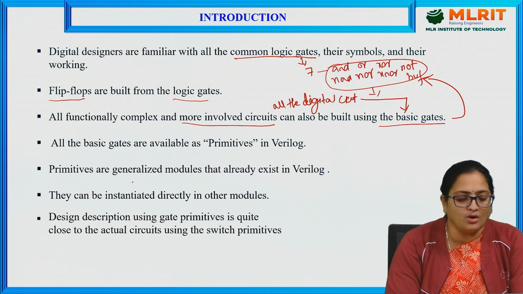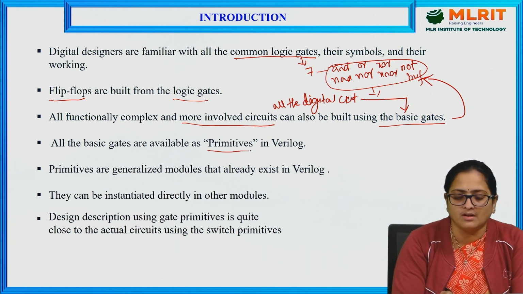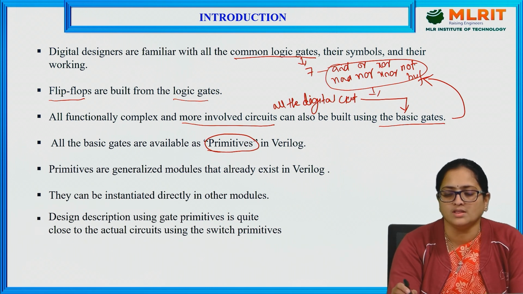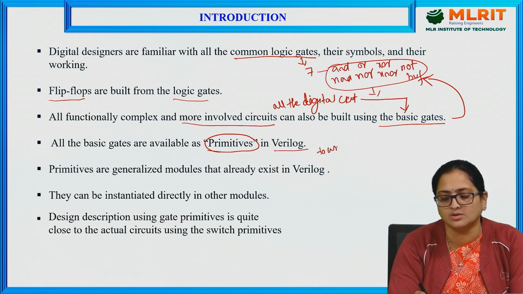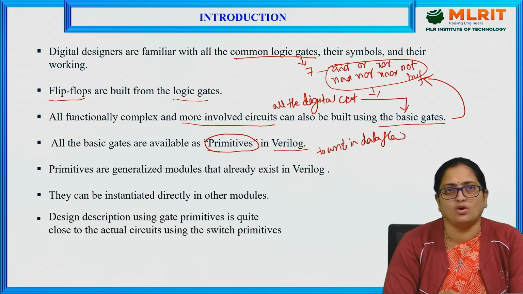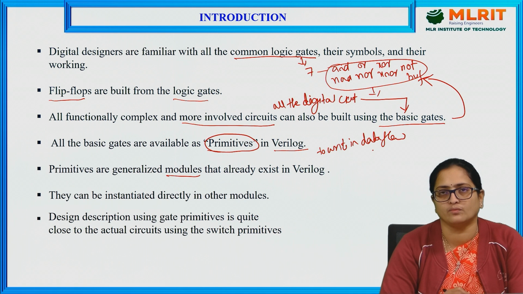Next, all the basic gates are available as primitives in Verilog. So all these logic gates are available as primitives in Verilog to write code. Primitives are generalized modules that already exist in Verilog.